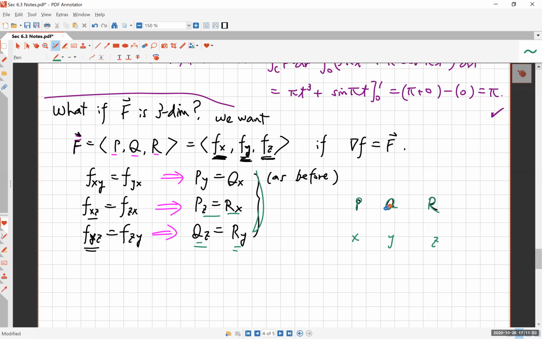Let's make sure that we understand these three equations to be checked for capital F to be conservative, where lowercase f is a potential function. Py must be equal to Qx. Pz must be equal to Rx. And Qz must be equal to Ry. That's what you need to do.